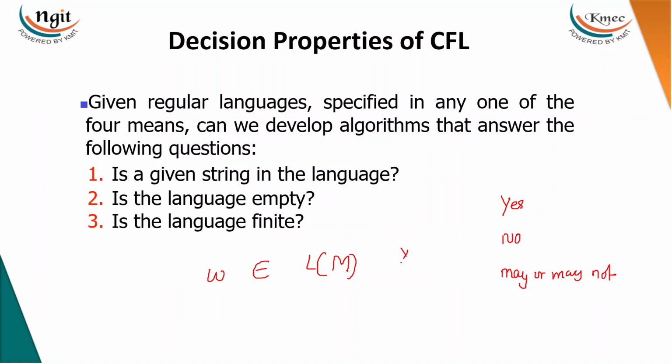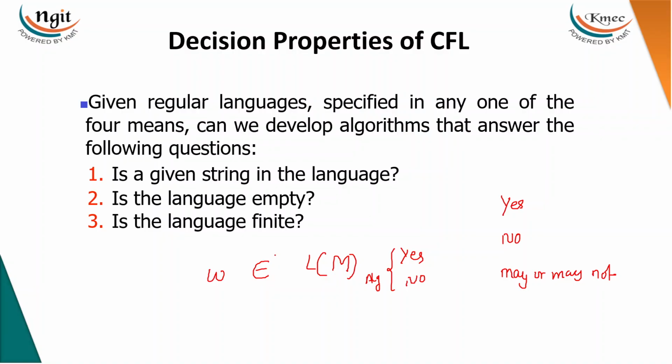You have to say yes or no with your algorithm so that we can say it is decidable. Of course, with a finite automaton, you start reading the string from the starting state, and if the string reaches the final state after completion of all the symbols, it is a member of that language. Yes, decidable.